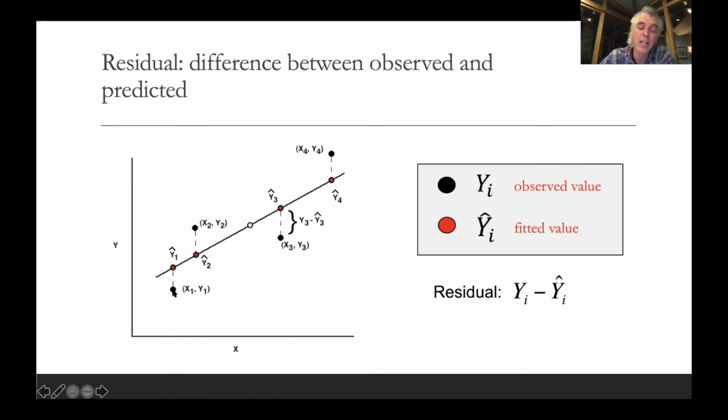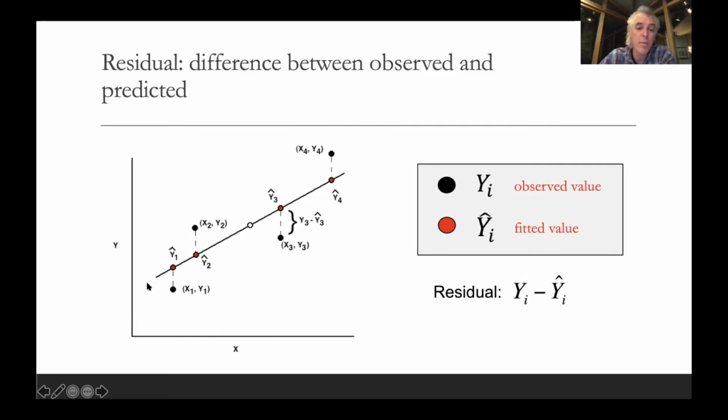And so we can calculate the difference between the observed value of y and the fitted value of y for each observation along the x-axis, where the deviation between the observed value and the fitted value is referred to as the residual. So for each observation i, we have some observed value and some fitted value, where the difference between the two of them is called the residual.